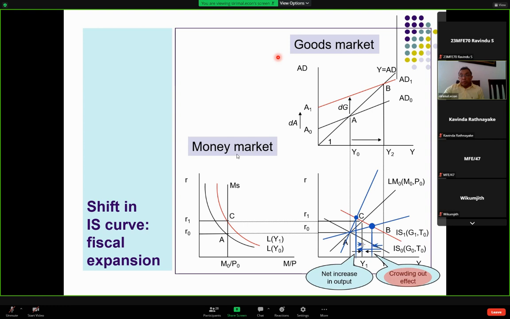And the net increase in output is bigger. So depending on the LM slope, the size of crowding out becomes smaller or bigger. Okay, now we understand that it's a technical point, but what are the economics behind that?